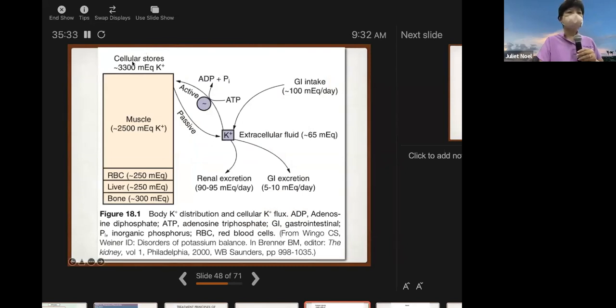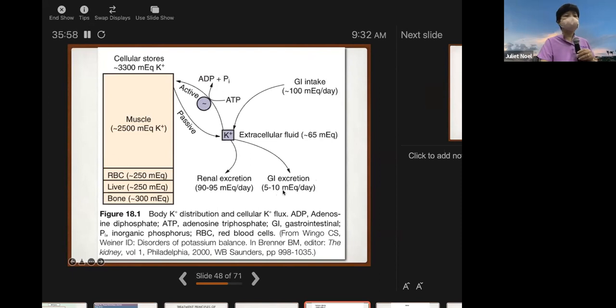Cellular store is about 3,300 mEq of potassium. The majority is in the muscles. Then there's 250 in the red cells, the hepatocytes, and the bone. The renal excretion is only about 90 to 95 mEq per day, about 1 to 1.5 mEq per kilo.